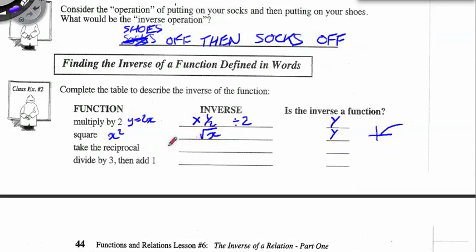Taking the reciprocal, so 1 over x. What's the inverse of the reciprocal? I guess it would be flipping it again, taking the reciprocal again. In other words, take 3 over 2, take the reciprocal, you get 2 over 3. How do you get that original value back? You flip it again.